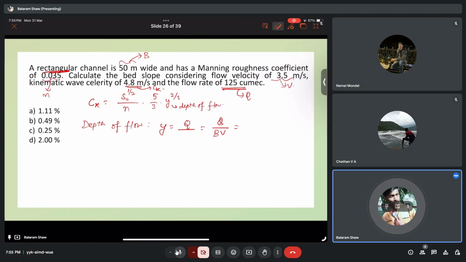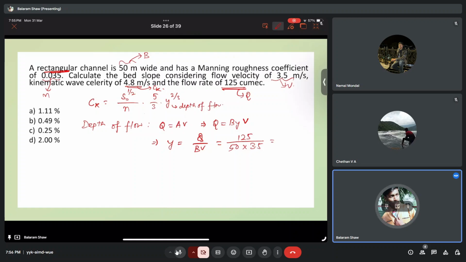Because q equals AV, we will write from there itself so that you can understand properly. We know q equals AV, right? So we can write q equals b into y into v. So y will be written as q by b into v, right? So q is here 125 meter cubed per second, b is 50 meter, and v is 3.5 meter per second.